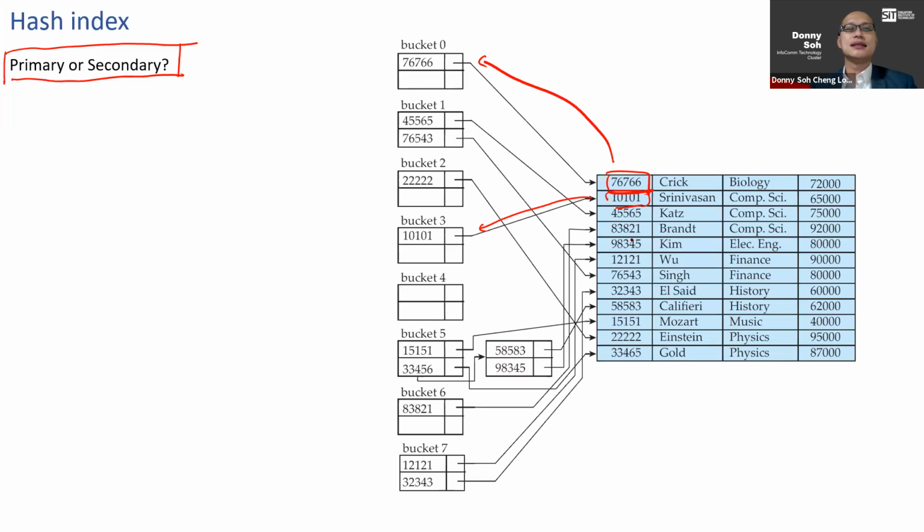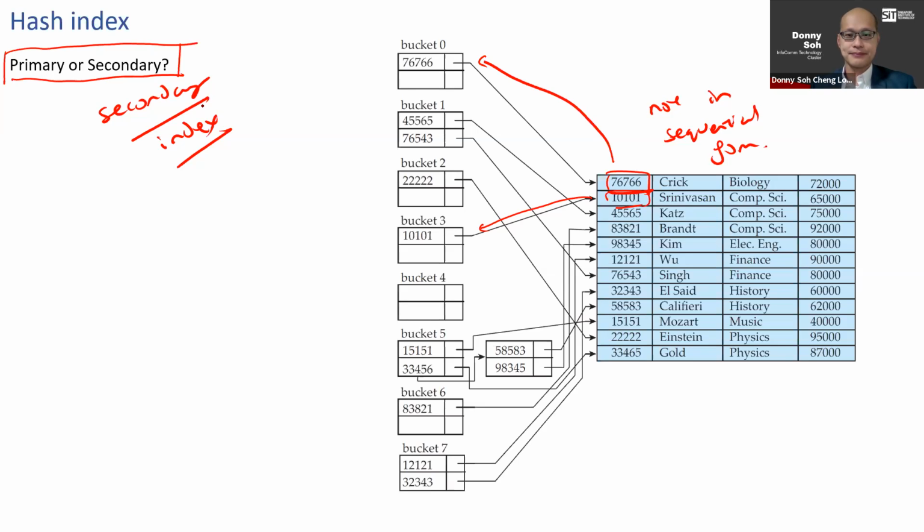So in this instance, our hashes are not in a sequential form, and so this is a secondary index. This is a non-ordered hashing.